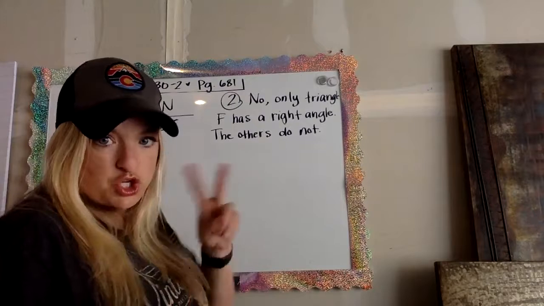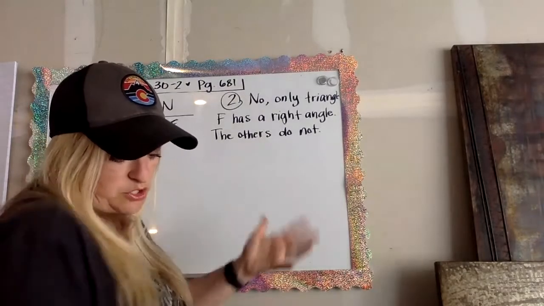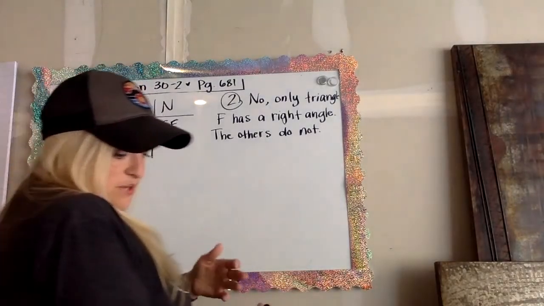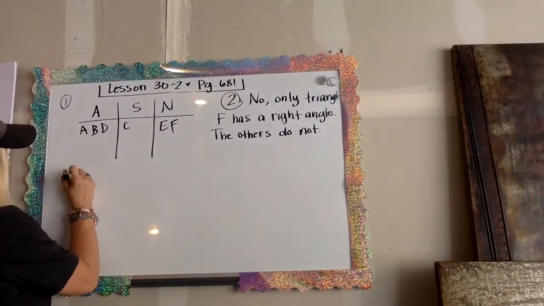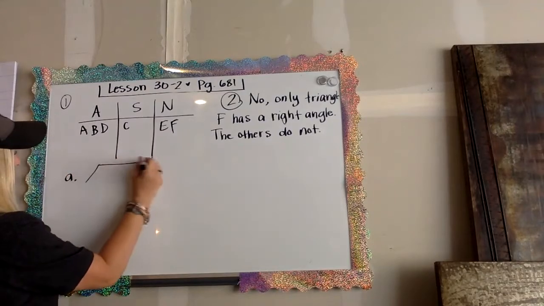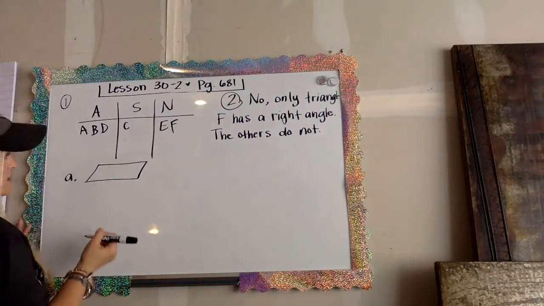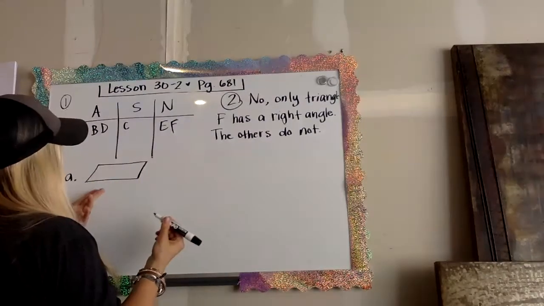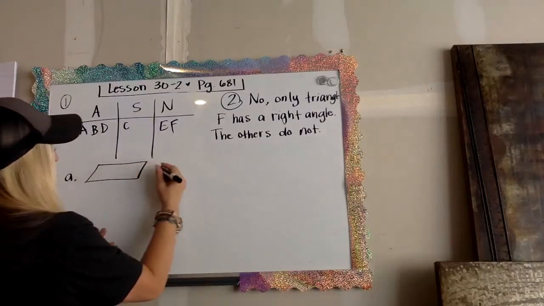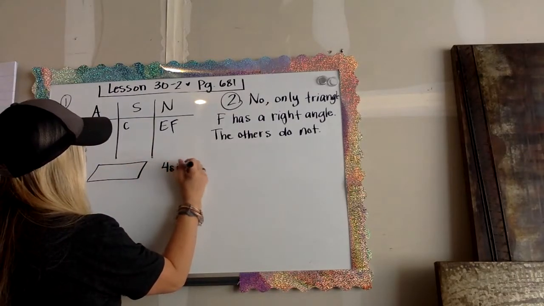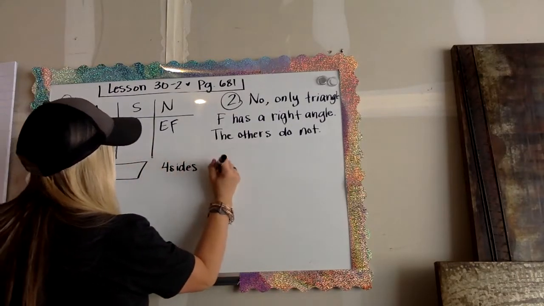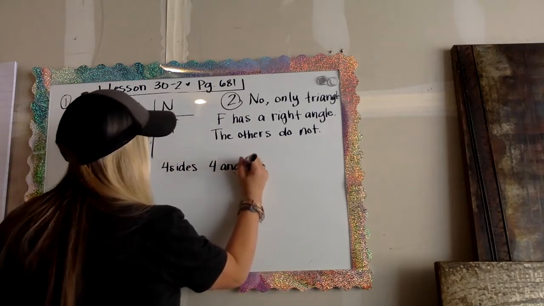So we have to come up with 2 ways to describe. How would you group this? You're going to give it a group. So A looks like that. So one group you could say is that it has 1, 2, 3, 4 sides. And it has 4 angles.